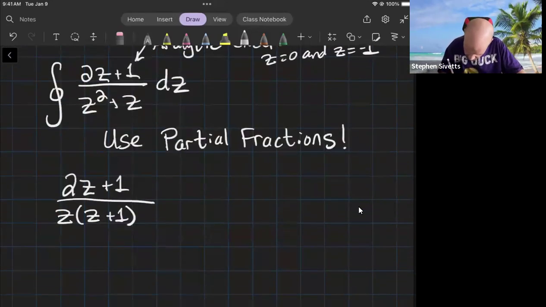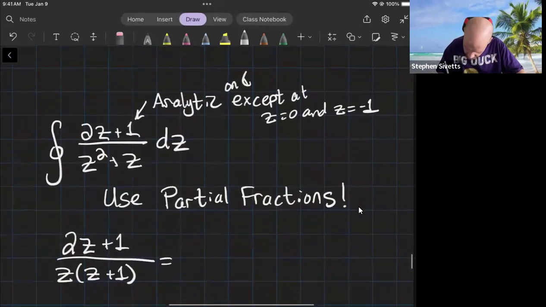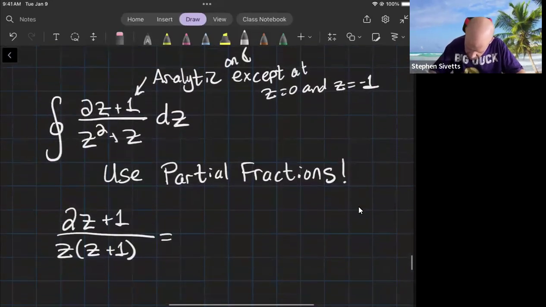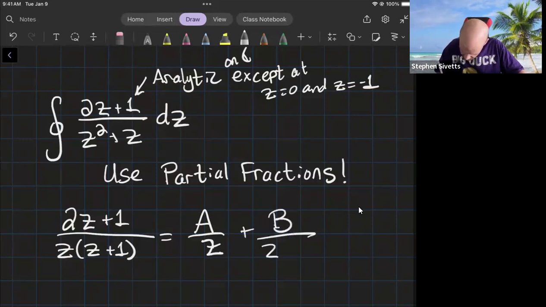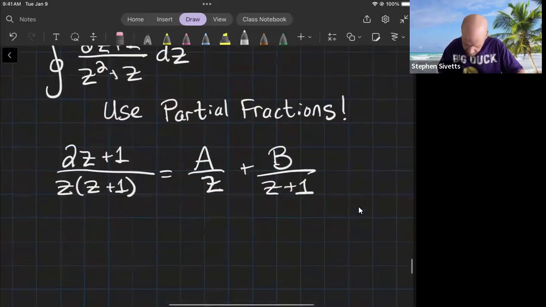So take note of that. By using partial fractions, this equals a over z plus b divided by z plus 1, right?